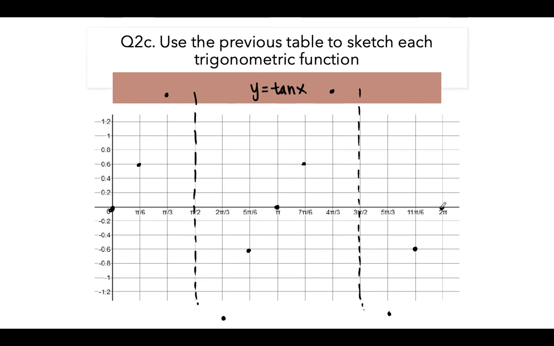Okay, so let's connect the dots. So what this is, it's going to be going upward. But it's not going to touch the asymptote. It's going to go very, very close to it, very near the asymptote, but it will never touch it. So here, the curve is important.